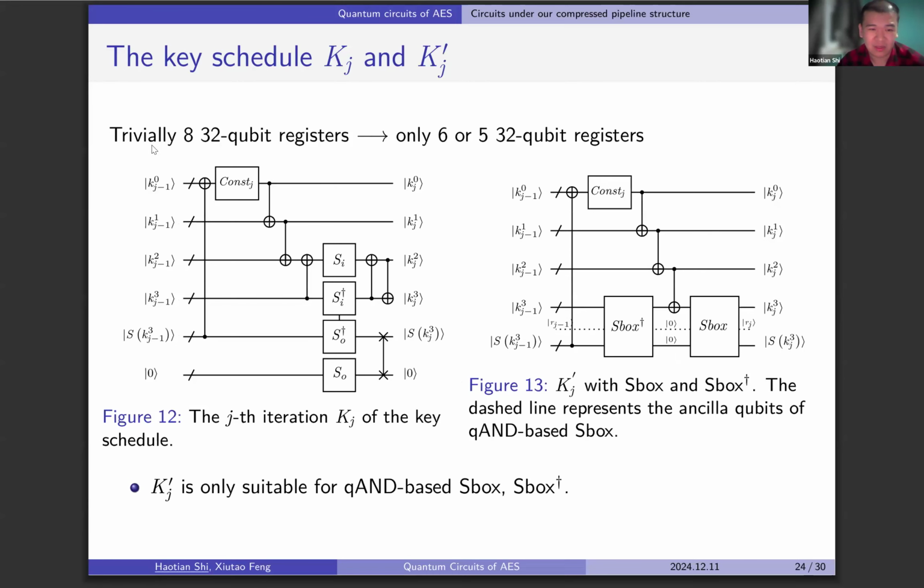So instead of using trivially 8 32-qubit registers, we only need 6 or 5 32-qubit registers. We give 2 key schedule circuits, Kj and Kj prime. Kj is the universal case. It uses 6 32-qubit registers, and Kj prime uses the circuit S-box and S-box dagger. It only needs 5 32-qubit registers.